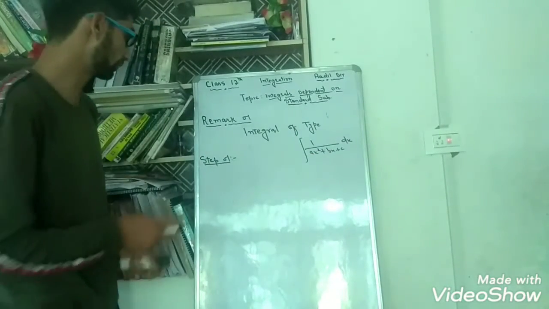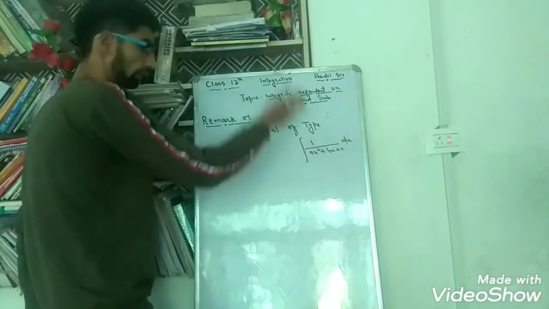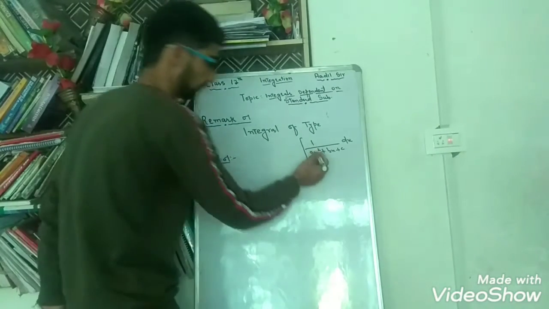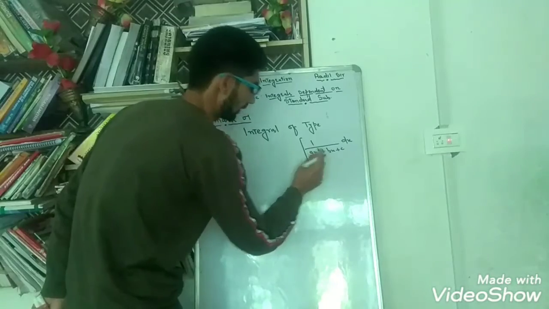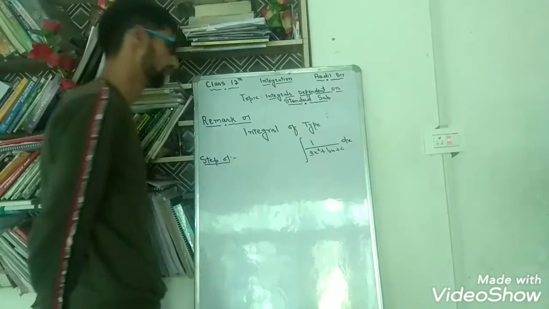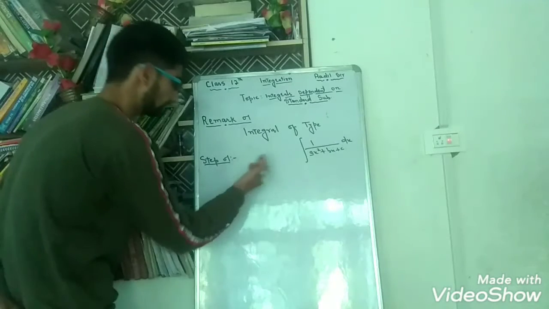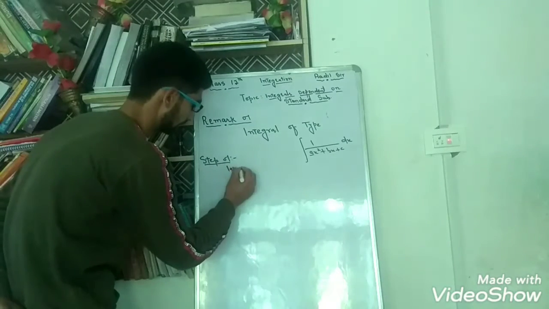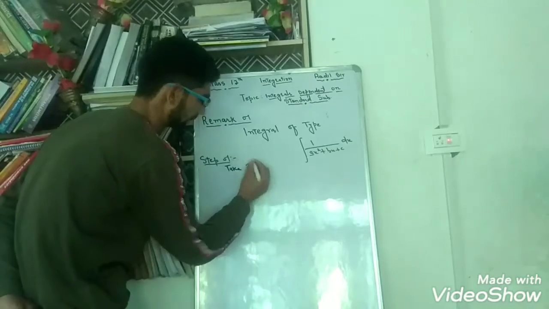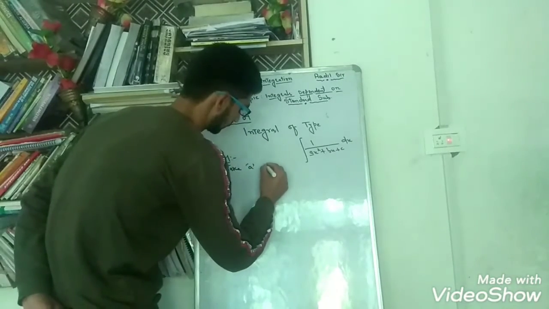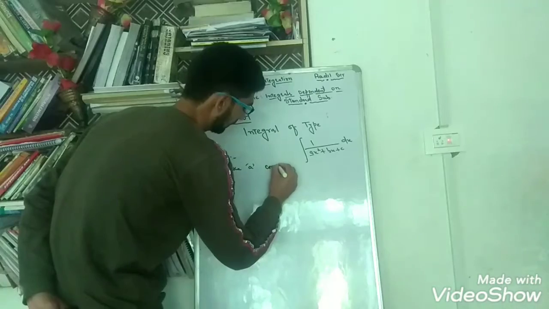So, first step: from this integral you have to take this a as common factor. Take a common. इसको आपको कॉमन निकालना पड़ेगा.